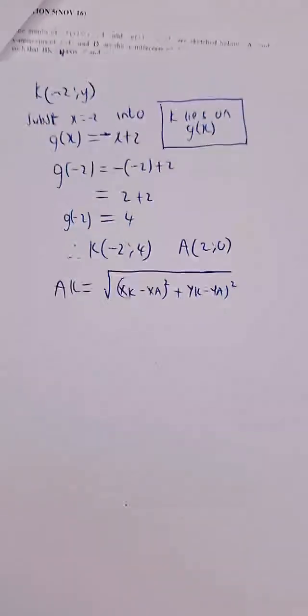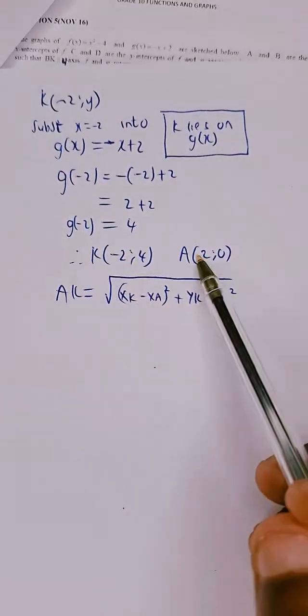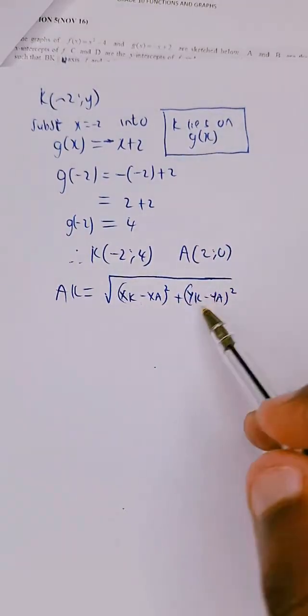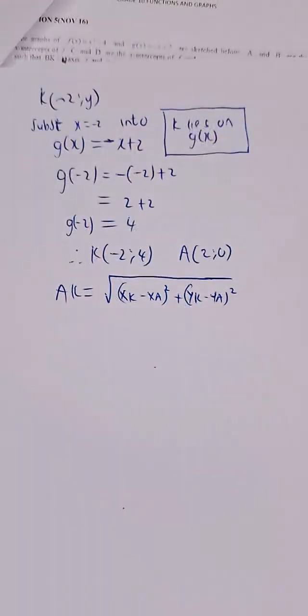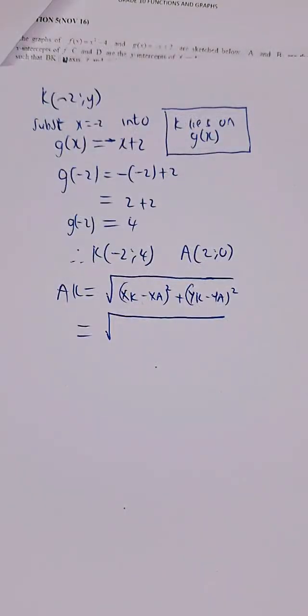This just means the x coordinate of K minus the x coordinate of A, the whole thing squared, plus in brackets the y coordinate of K minus the y coordinate of A, the whole thing squared. We make sure that we write the distance formula correctly so that all things square out well, my beloved grade 10s. Very, very important.